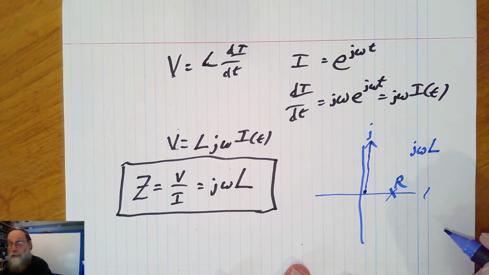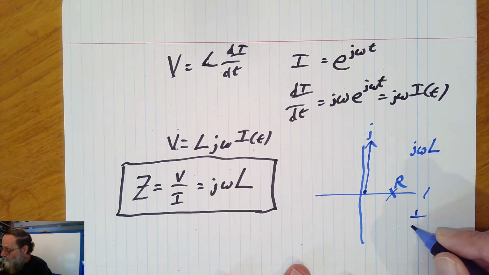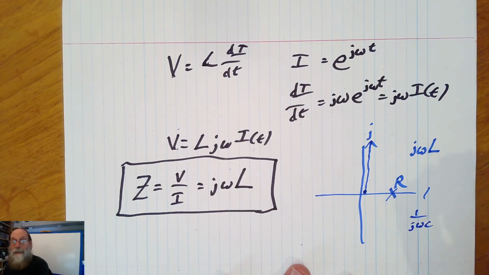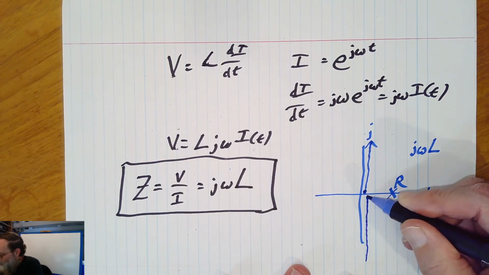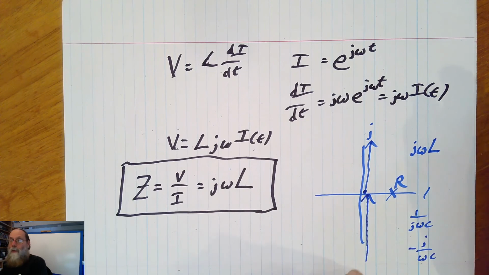In contrast, you might remember that capacitance had an impedance of 1 over j omega C, which can also be written as minus j over omega C. So there we started at minus infinity, and as frequency increased, we moved along the negative imaginary axis towards 0.